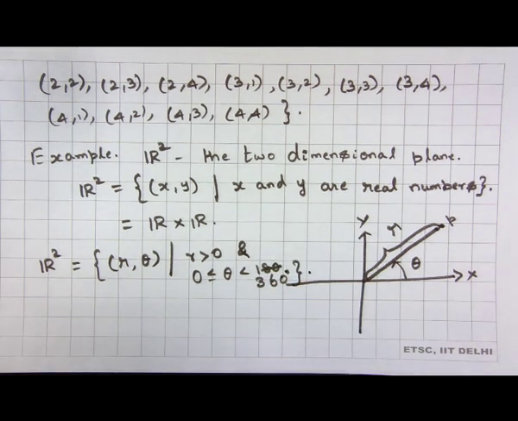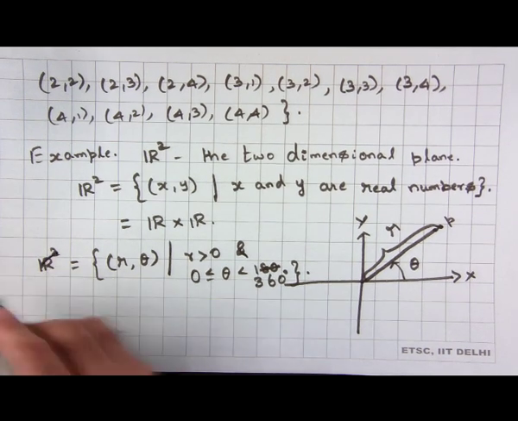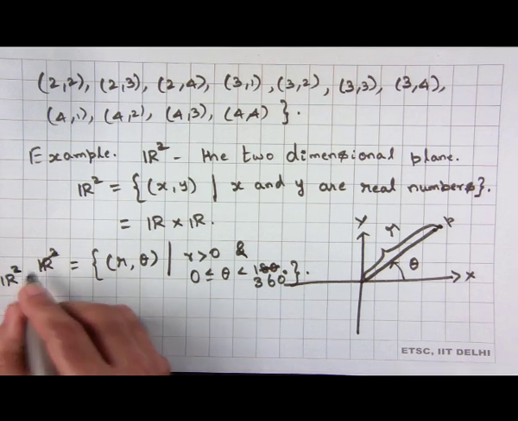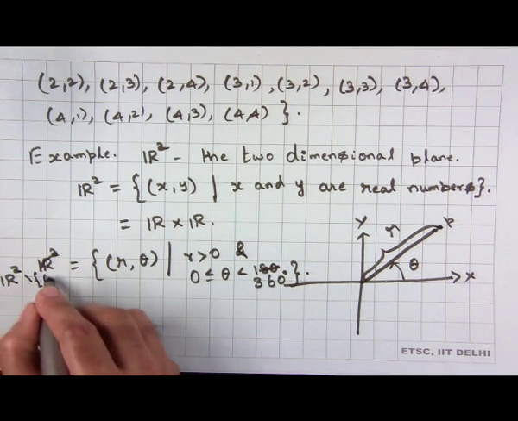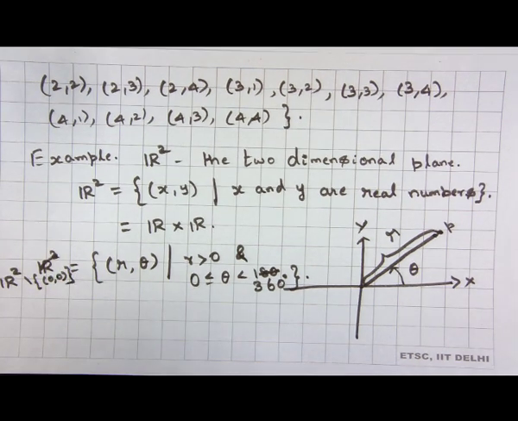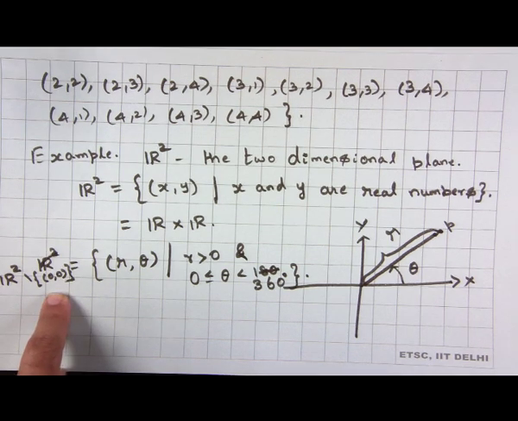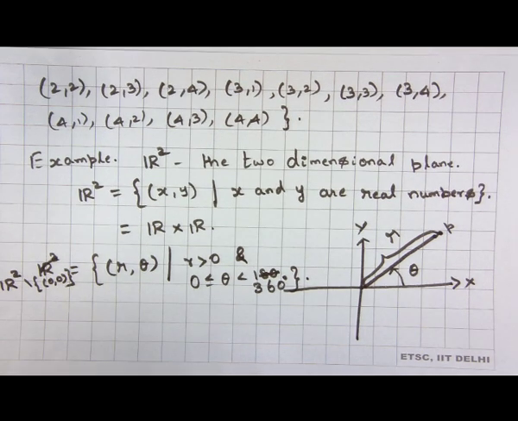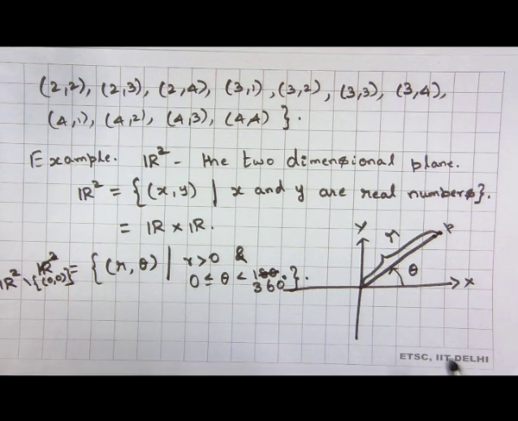In fact, the way I have written it, I should remove the origin 0 comma 0. In order that I include this 0 comma 0, I should have written it as r greater than or equal to 0 here. What we expect is that the distance is positive.